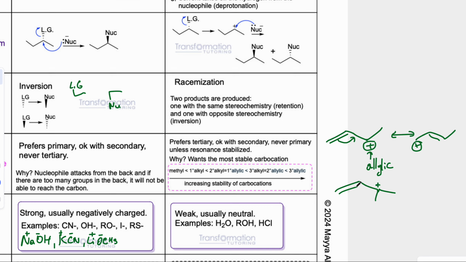So 1, 2, 3, and allylic means I can do resonance to it. Tertiary allylic is the best, followed by secondary allylic, tertiary alkyl. That means you're not resonance stabilized, you're just a regular tertiary carbocation, and so on and so forth. So we want the best possible carbocation for SN1.